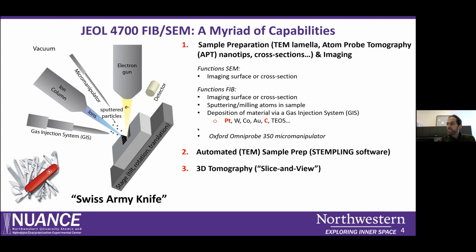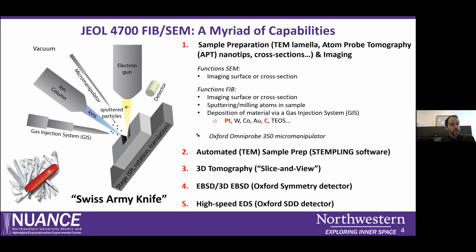And then my colleague Tirza will take over and talk about 3D tomography capabilities, or also, as people call this, slice and view, where you slice with the ion beam and view with the electron beam. She also will talk about electron backscatter diffraction and even 3D electron backscatter diffraction using a very fancy Oxford symmetry high-speed detector that we have.